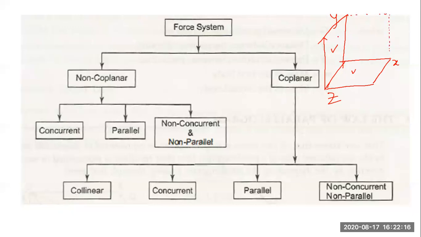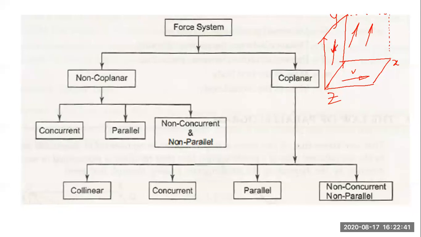Now, if any two forces are here, say force F1 and F2 are here, these two forces are called coplanar. If one force is in this plane and another force is in this plane, these are called non-coplanar.